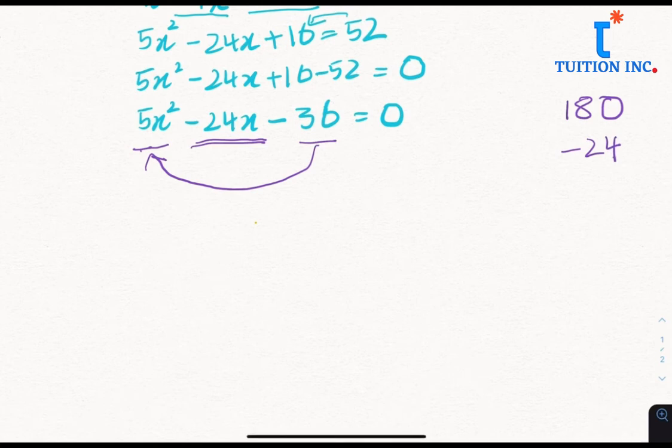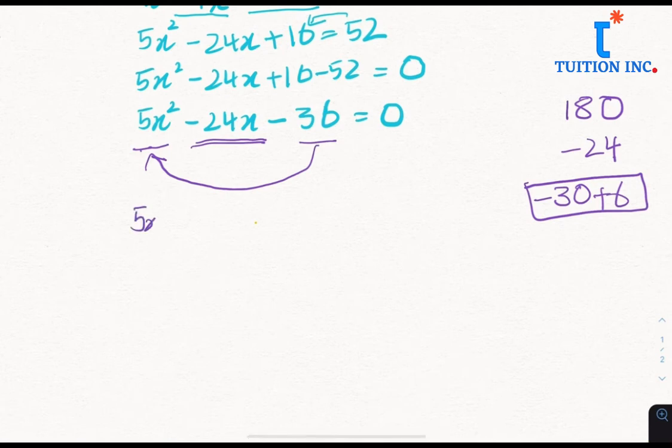So by hit and trial we come to a conclusion that minus 30 and plus 6 are two factors which when multiplied give 180 and when added give minus 24. So 5x squared minus 30x plus 6x minus 36 equals 0.